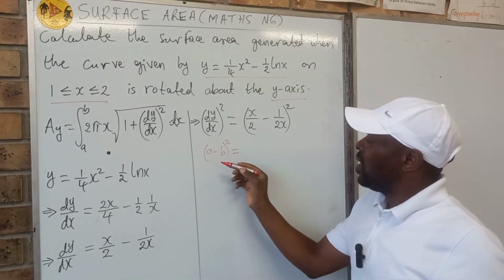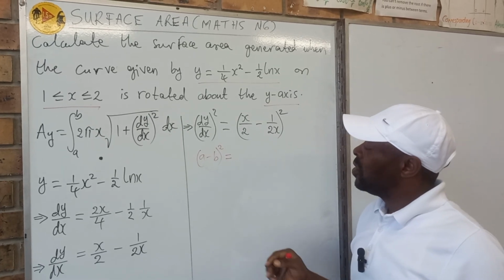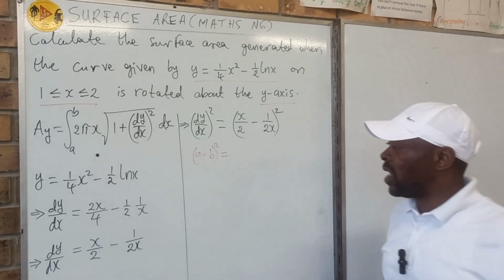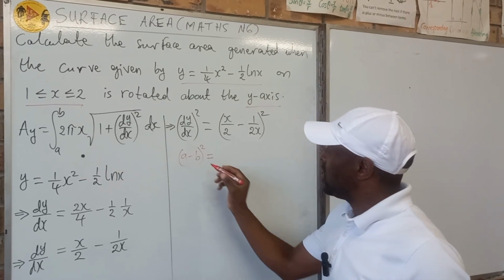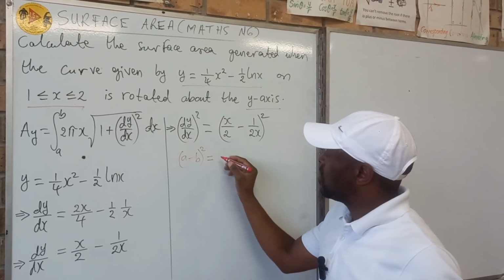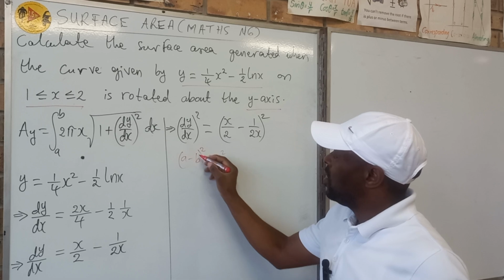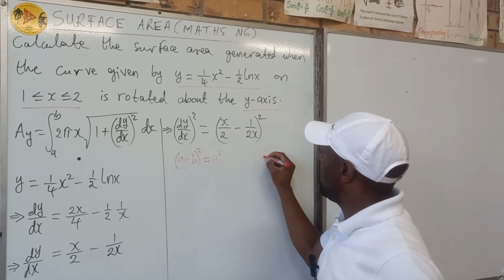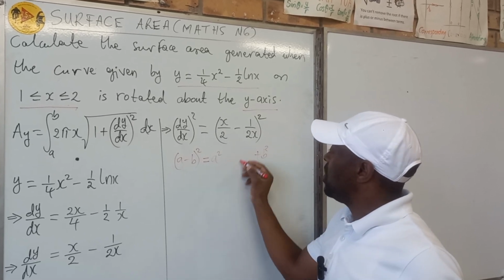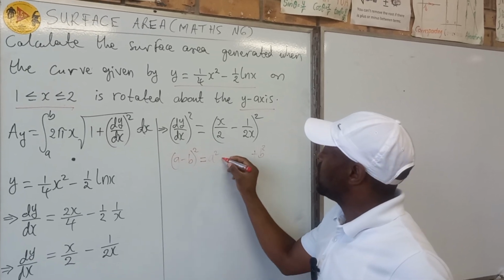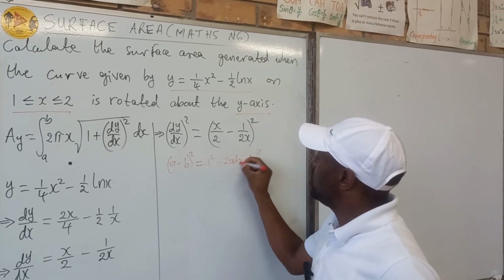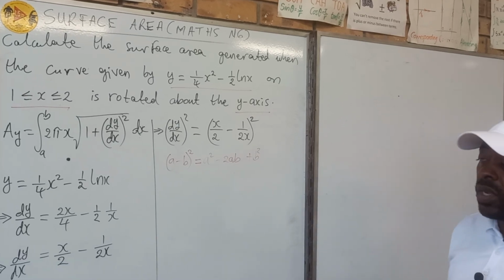When you are expanding a binomial to the power 2, this is something that you can't do the N6 question paper to the end without coming across. So the fastest way of getting it is to take your a, you square it, you get your a squared. You take your negative b and square it, it will give you positive b squared. Then the middle term, you just take the power 2 times a times minus b, that gives you minus 2ab. So that's how fast you can get it.